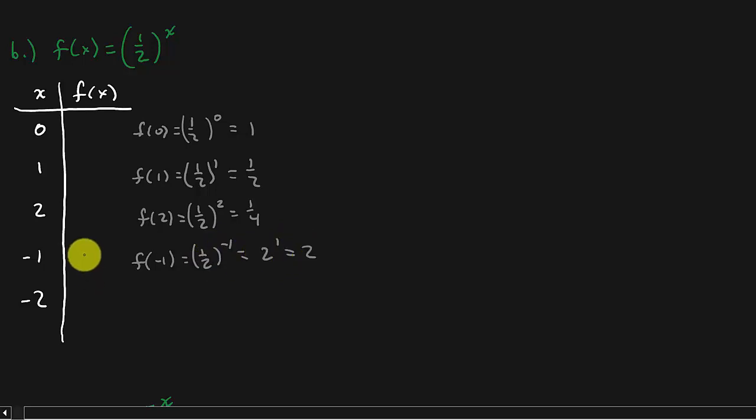So that's 2. And then we've got f(-2), which is (1/2)^-2, which is 2 squared, which equals 4. So we've got 1, 1/2, 1/4, 2, and 4.